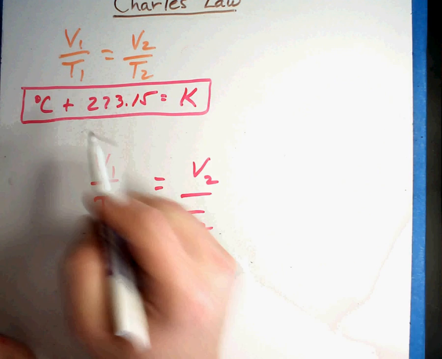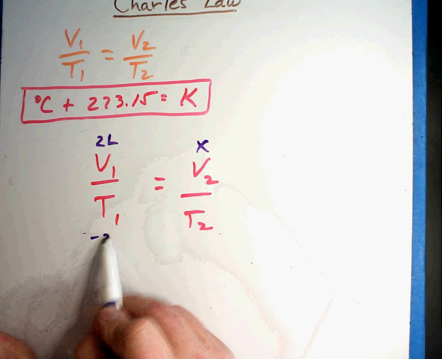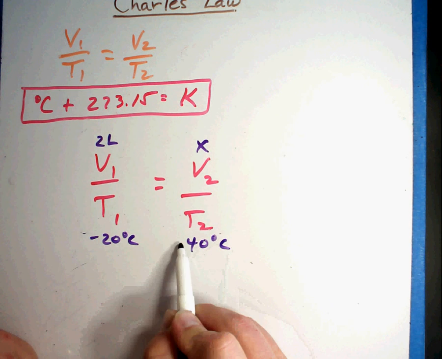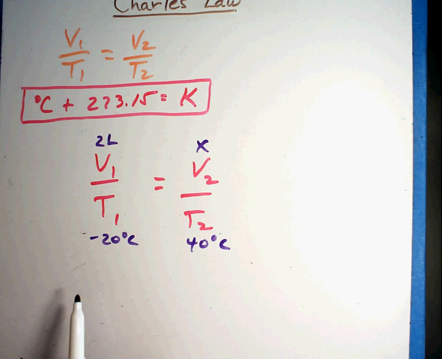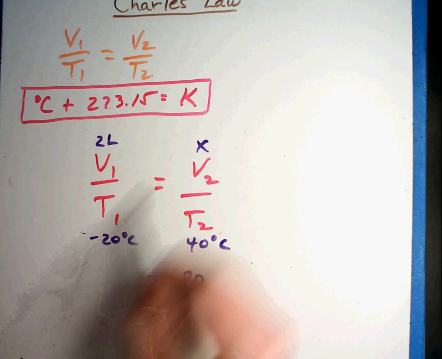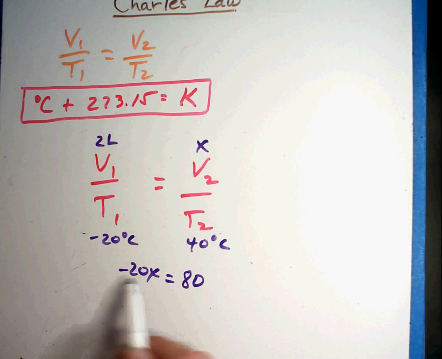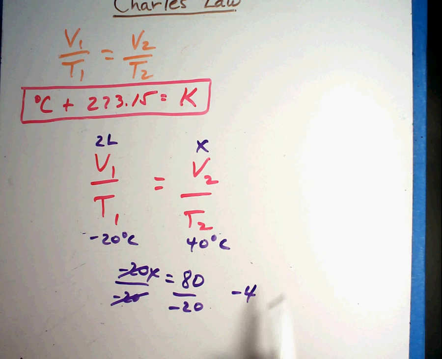Here's why. If I were working this very simple problem in Celsius, and I cross multiply and solve, that's 80, and that's negative 20x. When I divide by negative 20, if I stayed in Celsius, my answer is negative 4 liters.